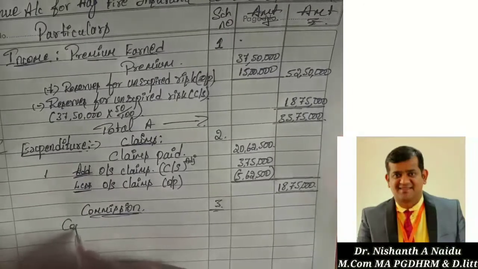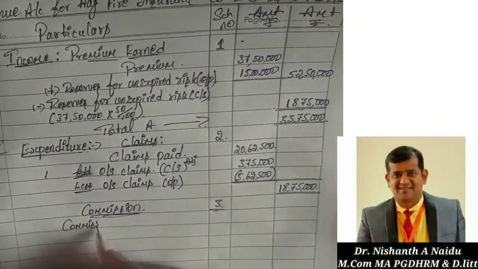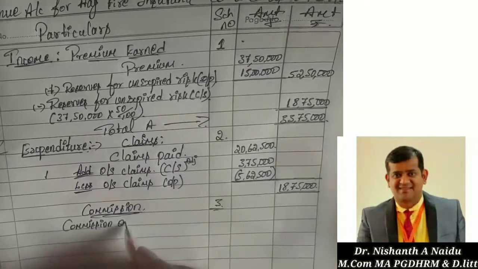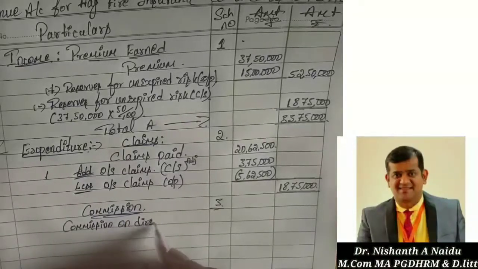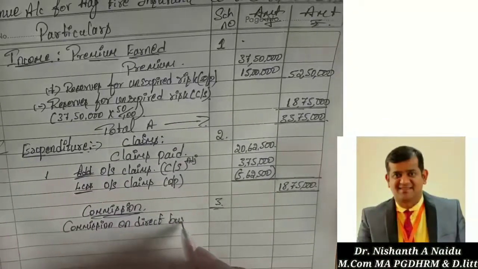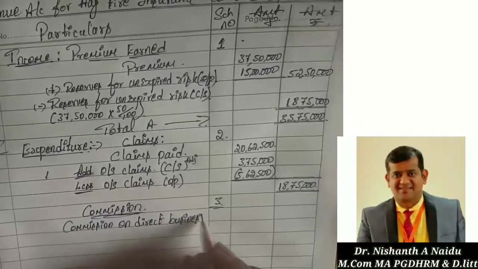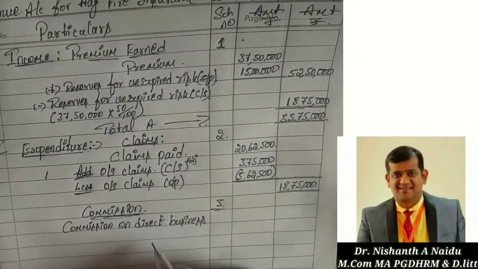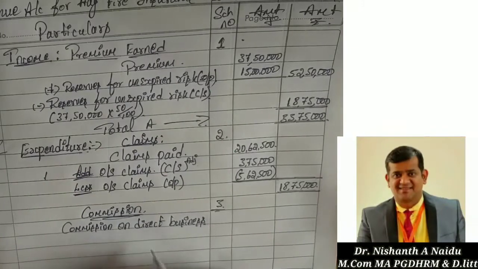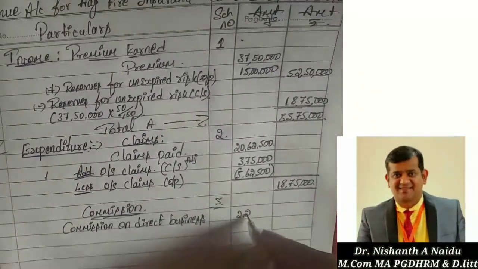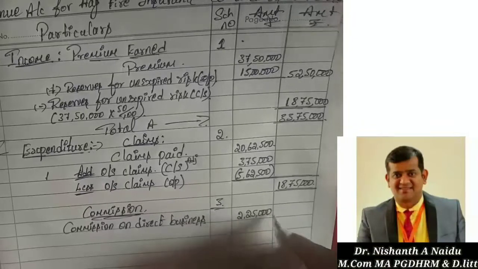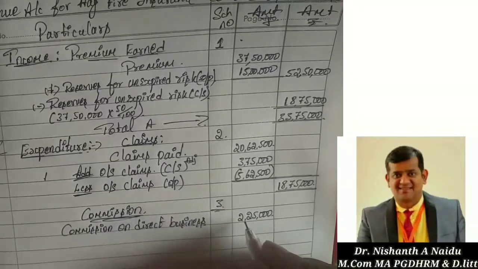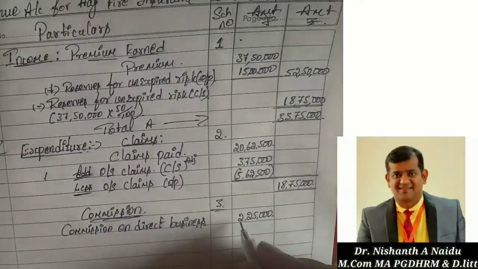So write down commission on direct business, how much? 2,25,000 rupees.